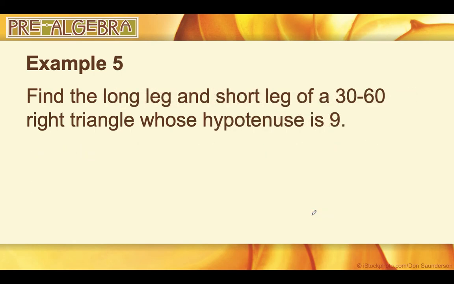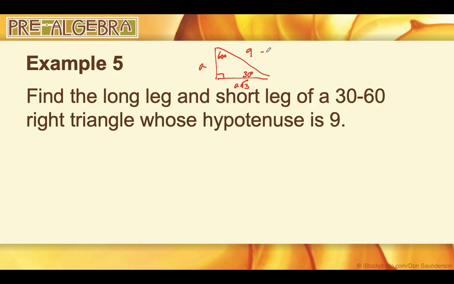Now let's find the long leg and the short leg if we know what the hypotenuse is. Which one do you think we're probably going to need to find first? I would say find the short leg first. So again, let me draw my example here. I know that the hypotenuse is 9. I don't know what the long leg is, and I don't know what the short leg is.